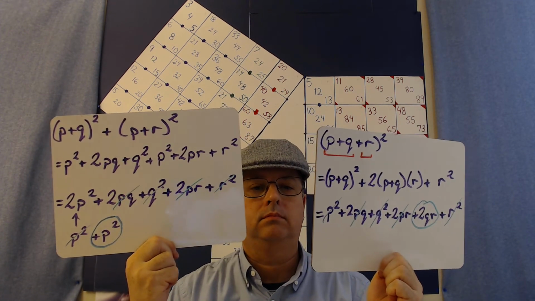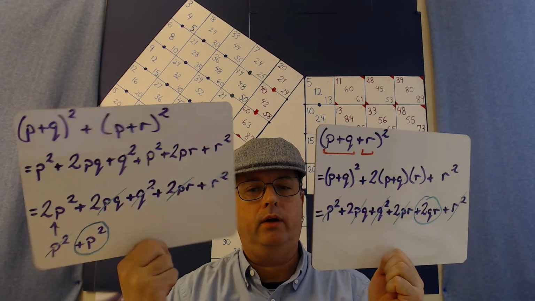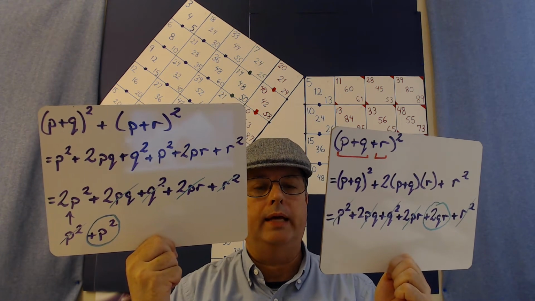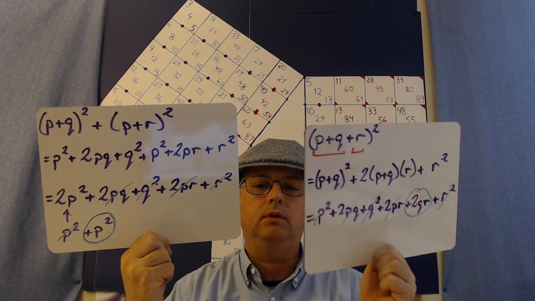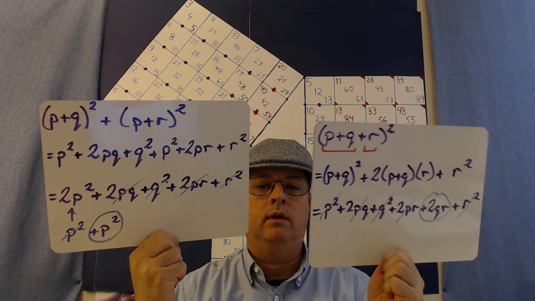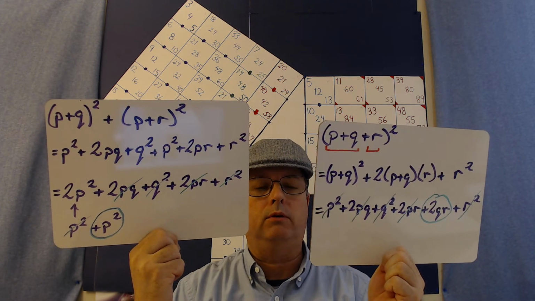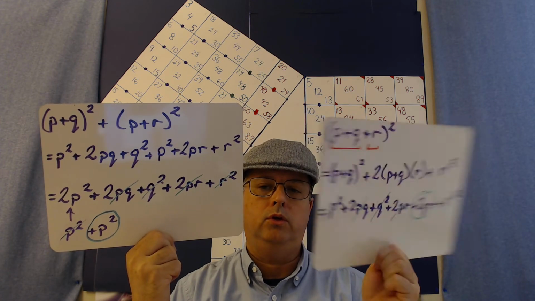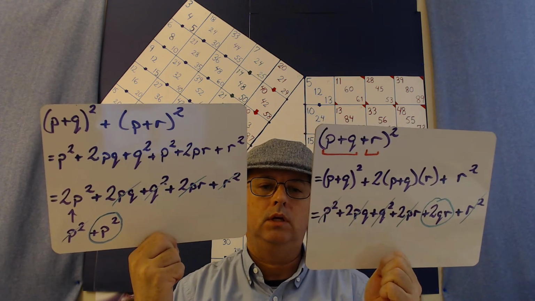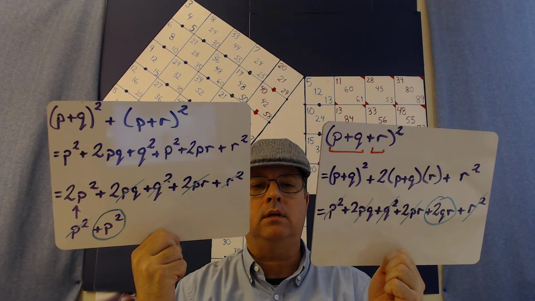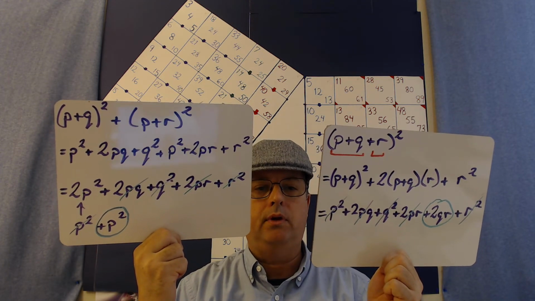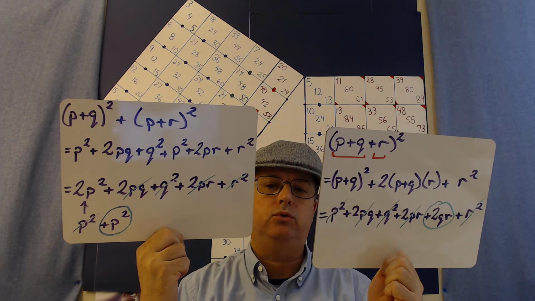Okay, so over here on this slide, we were able to cancel out almost everything with this slide over here, and the two things that are remaining are the p squared over here and the 2qr over there. And so these two expansions are equal if p squared equals 2qr.